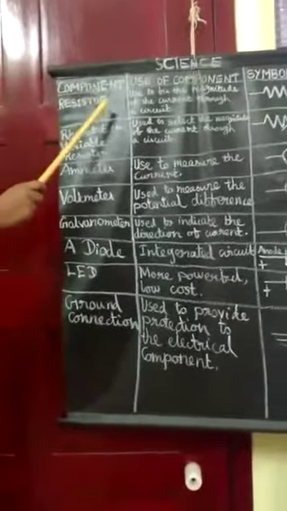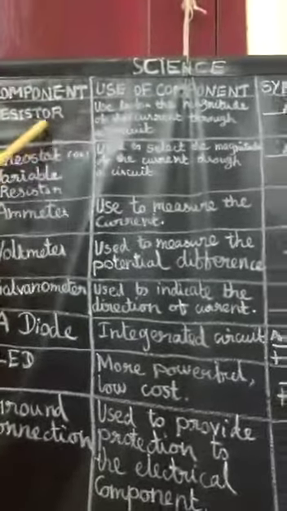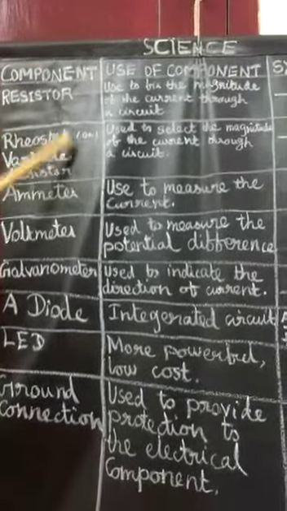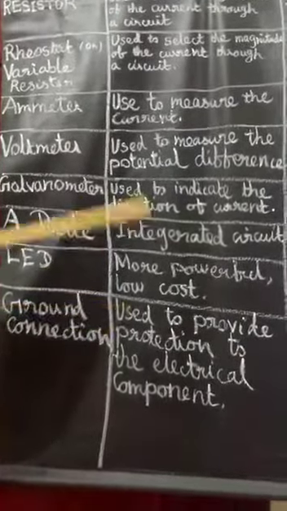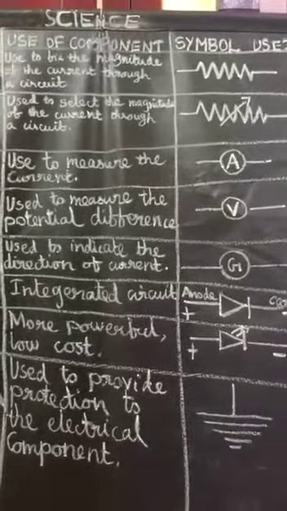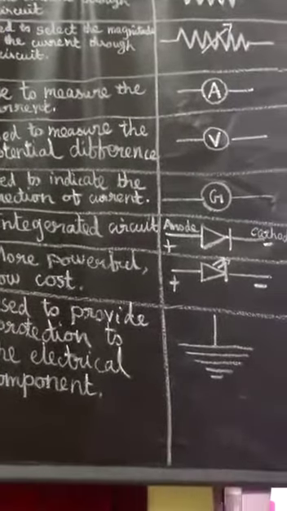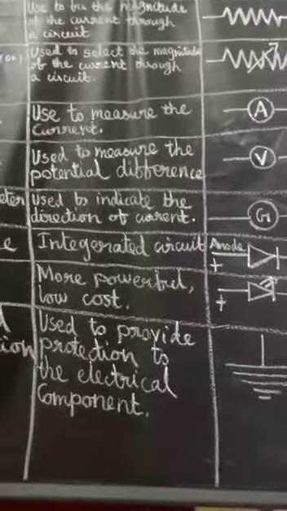Students, once again I remind you, the components you saw here: resistor, rheostat, ammeter, voltmeter, galvanometer, diode, LED and ground connection. These are very important questions. Sometimes one mark or 2 mark questions are given in the question paper. Very important are the uses and their symbols.